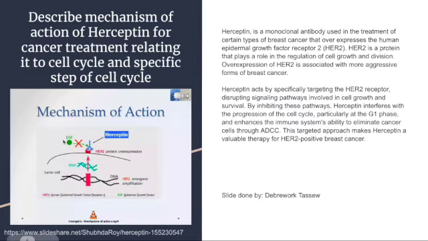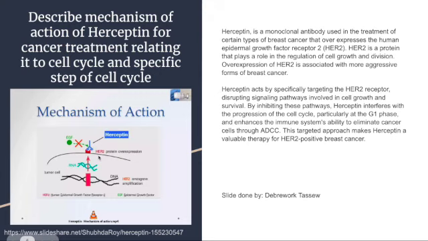The mechanism of action of Herceptin involves several steps, and its primary target is the HER2 receptor, as we discussed above. And here's how Herceptin works in relation to the cell cycle. Binding to HER2: HER2 is a tyrosine kinase receptor that, when activated, signals the cell to grow and divide.